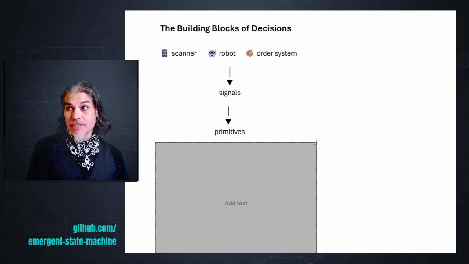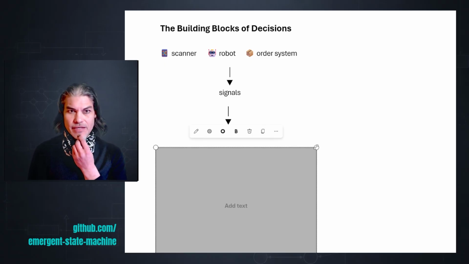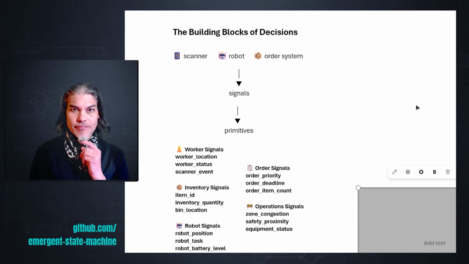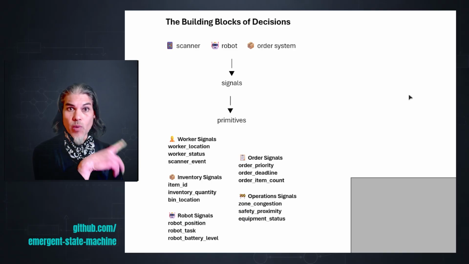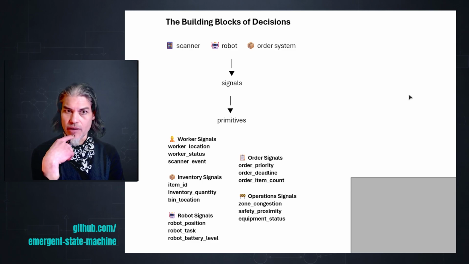In an ESM system, we normalize these signals into operational primitives. Simple, well-defined pieces of information that describe the current state of the warehouse.